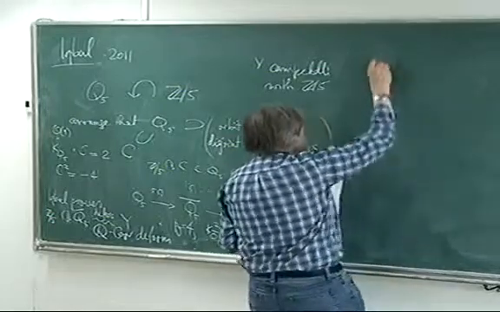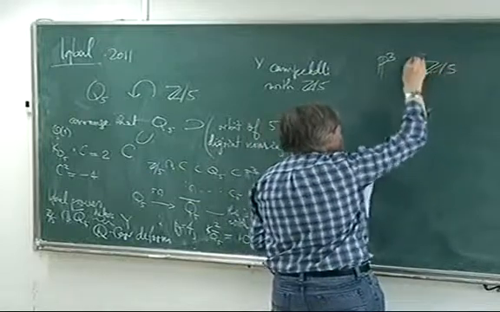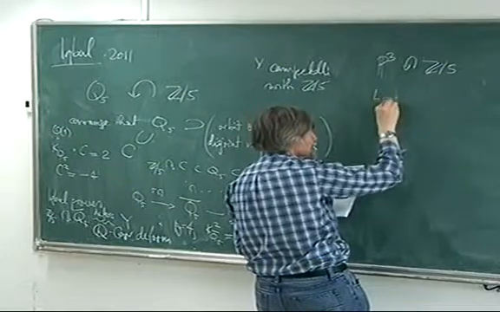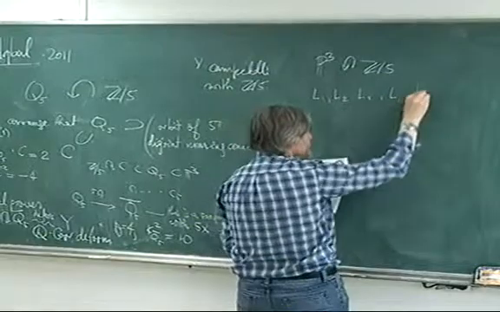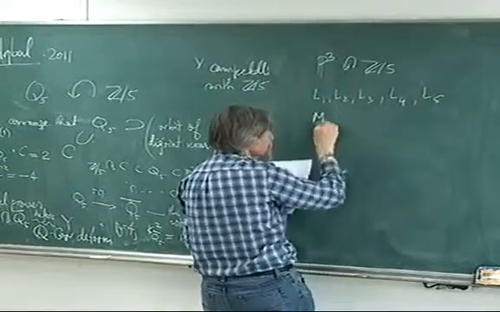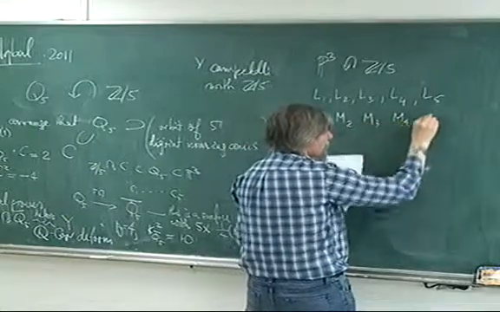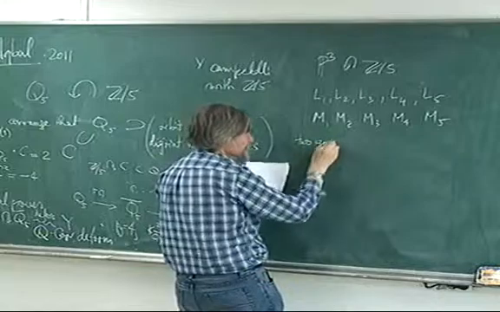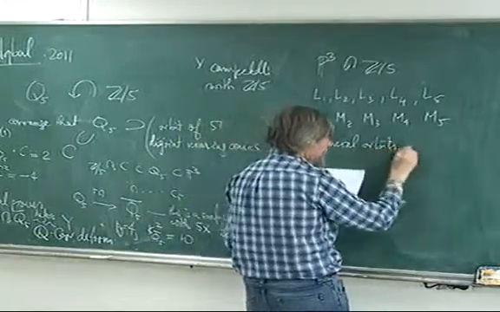So we're in P3 with the action of Z mod 5. And what Sohail says is this. I'm going to take L1, L2, L3, L4, L5, and M1, M2, M3, M4, M5. These are two general orbits of planes.